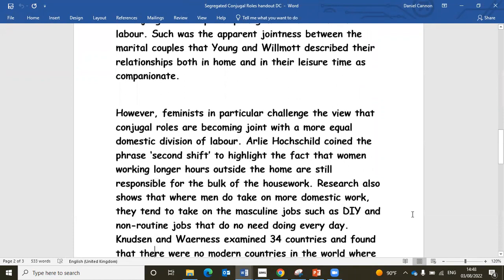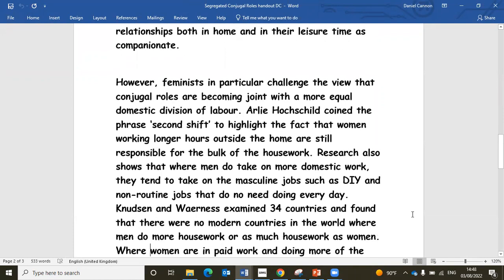However, feminists in particular challenge the view that conjugal roles are becoming joint and more equal, and that there is a more equal domestic division of labour. Arlie Hochschild coined the phrase second shift to highlight the fact that women working longer hours outside of the home are still responsible for the bulk of housework.